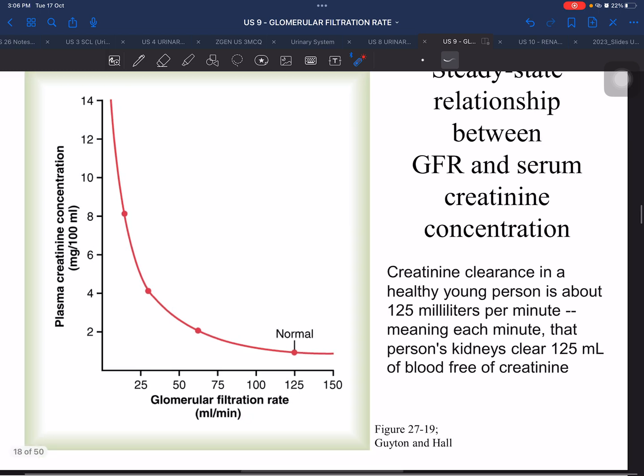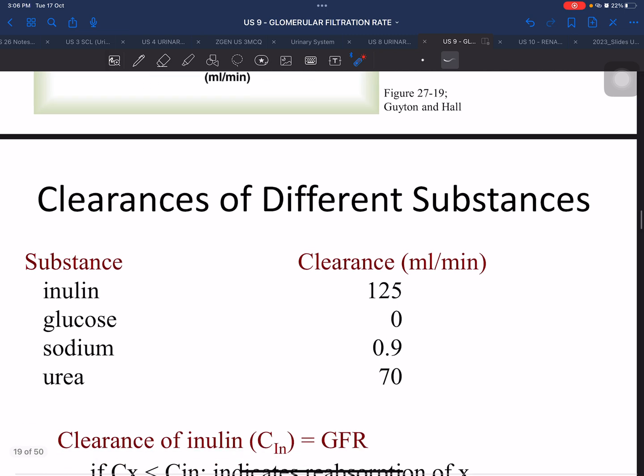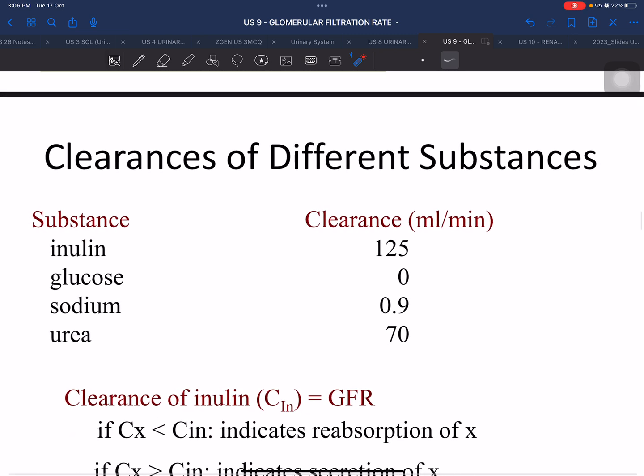As I mentioned, the glomerular filtration rate cannot be measured directly. There's no machine or method to measure it directly. So you need to measure the creatinine clearance. Creatinine is a waste product from the muscle tissues.